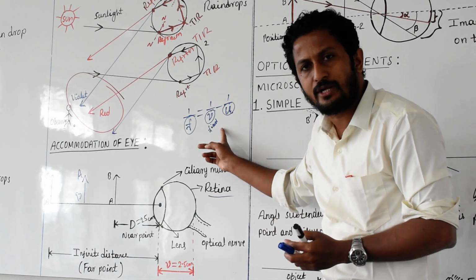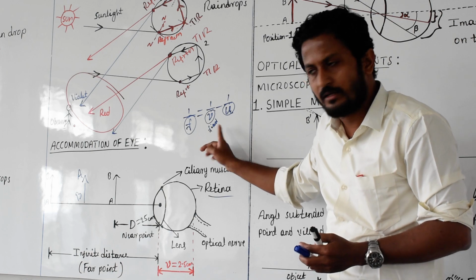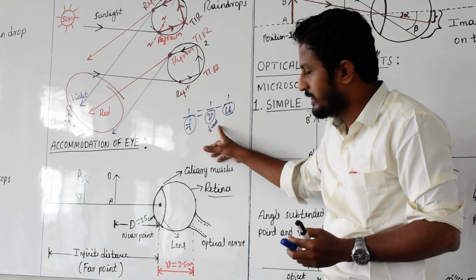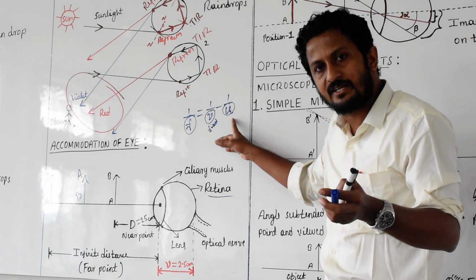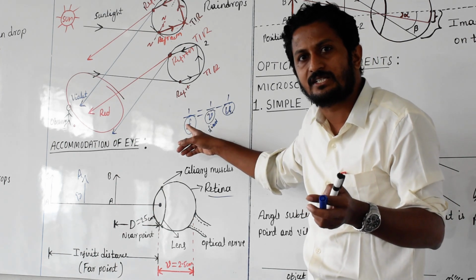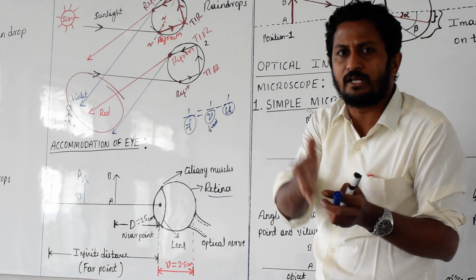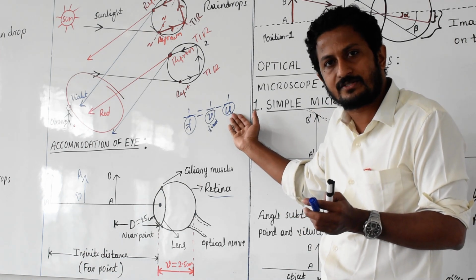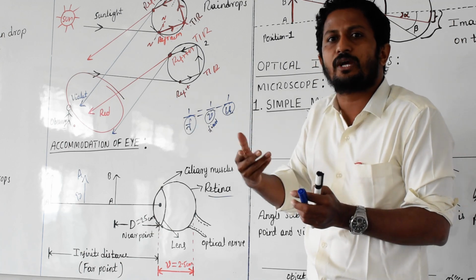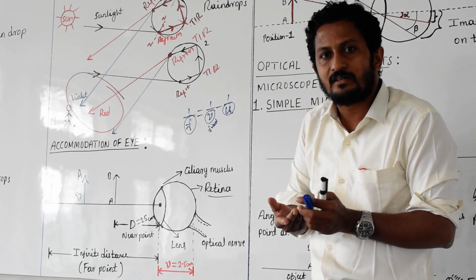Already I said, according to the lens formula, this image distance v is fixed. When we change the object distance, there should be a change in focal length. Yes, if you increase the object distance, the focal length also increases.